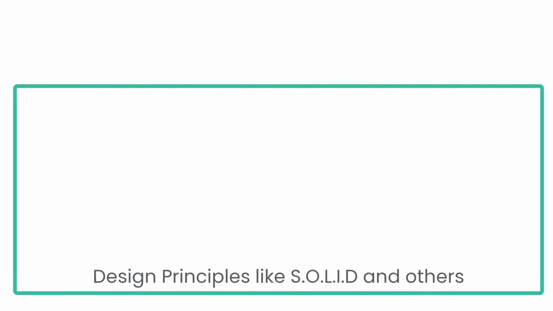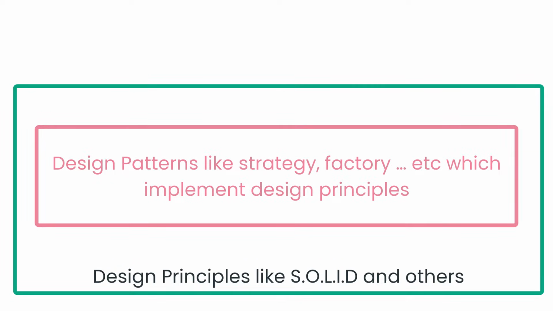And telling that it's a recommendation means that it is very abstract. It doesn't have any concrete implementations. You can implement some design principle in many different ways. And on top of design principles, we have design patterns, which solve some already concrete use case and implement 1, 2, or more design principles.